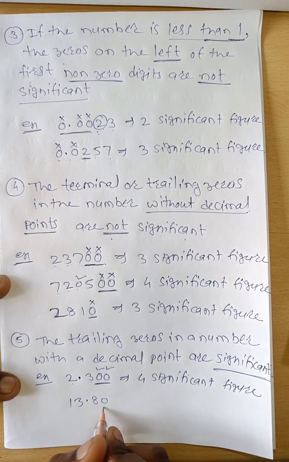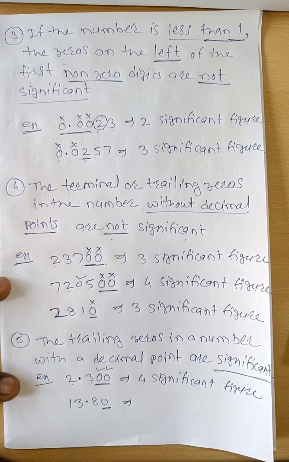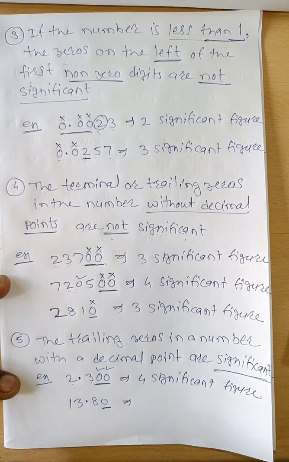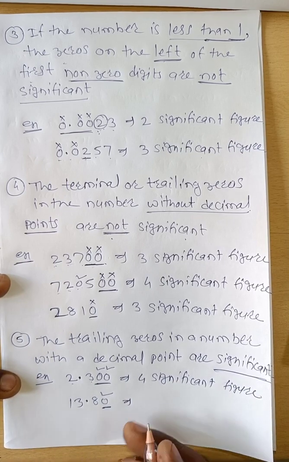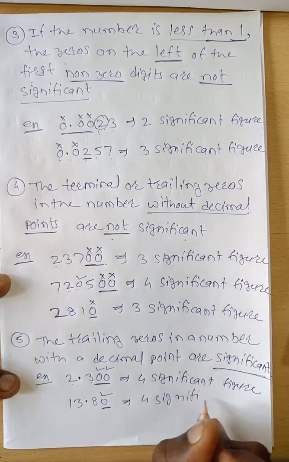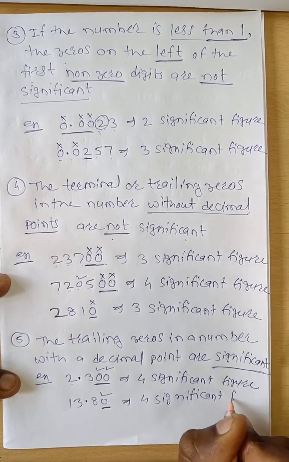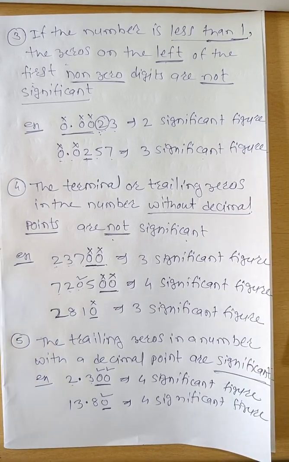In that case these are trailing zeros, but here the decimal point is present. When the decimal point is present, then trailing zeros are significant. Means this number 13.80 has 4 significant figures. Now this is about significant figures.